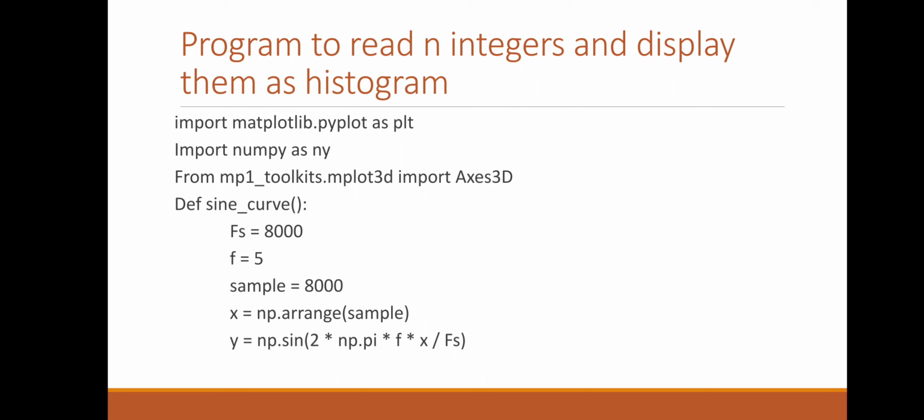Here we are giving the sampling frequency as 800 and the samples we require are 800. Then for the x-axis we are going to give the sample, and for the y-axis we are going to give sine. We are going to plot the x and y-axis. So we are going to label the x-axis as voltage and the y-axis as samples.